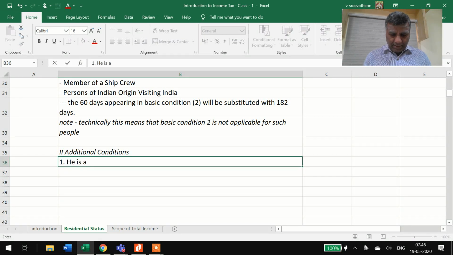He is a resident in India in at least 2 out of the preceding 10 years.